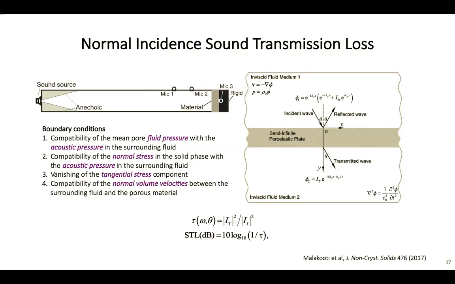They lead to a set of equations. By matching the appropriate boundary conditions, you can calculate IT, the transmitted intensity, as well as the reflected intensity. That gives a transmission coefficient, and the transmission coefficient can later be turned into sound transmission loss.